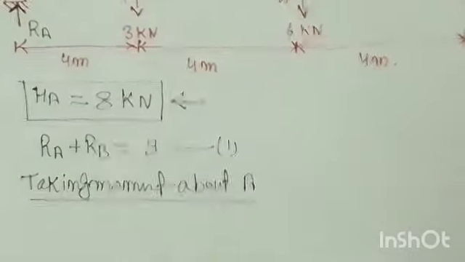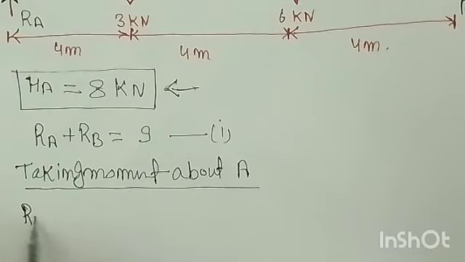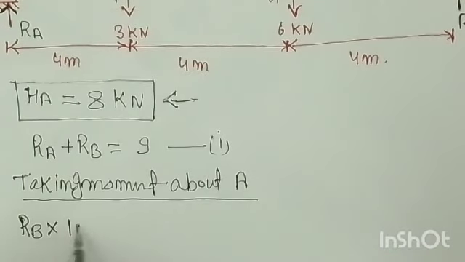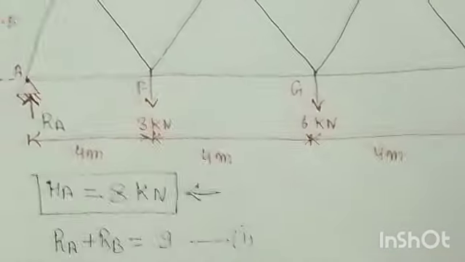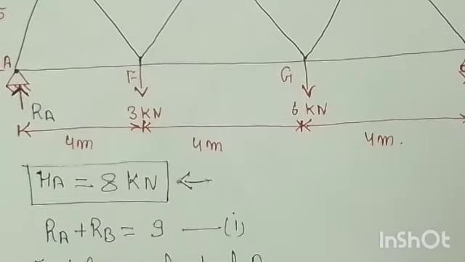So now you can say RB into the total length, which is 4 plus 4 plus 4, that is 12, is equal to the first load, 3 kilonewton, from A to F is 4. So this is 3 into 4, right?